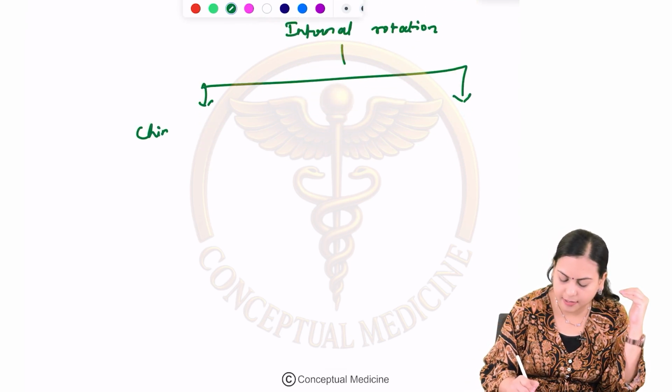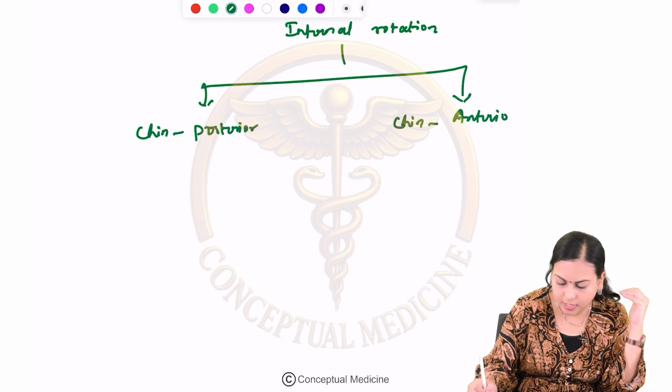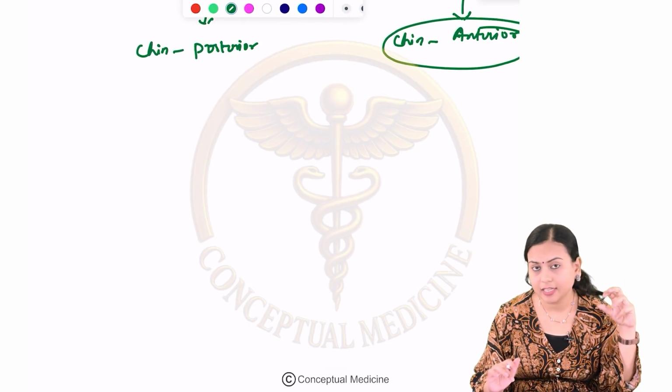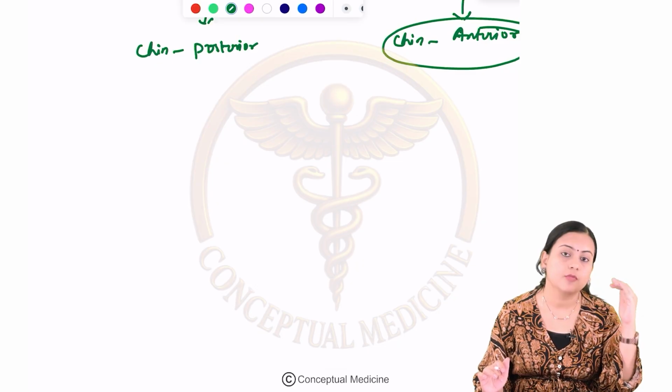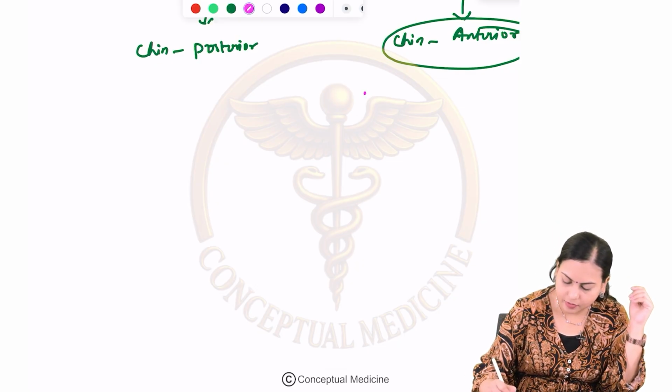So, chin can be posterior or chin can be anterior. Chin anterior is the most common presentation, and only with chin anterior presentations you will have the possibility of vaginal delivery.